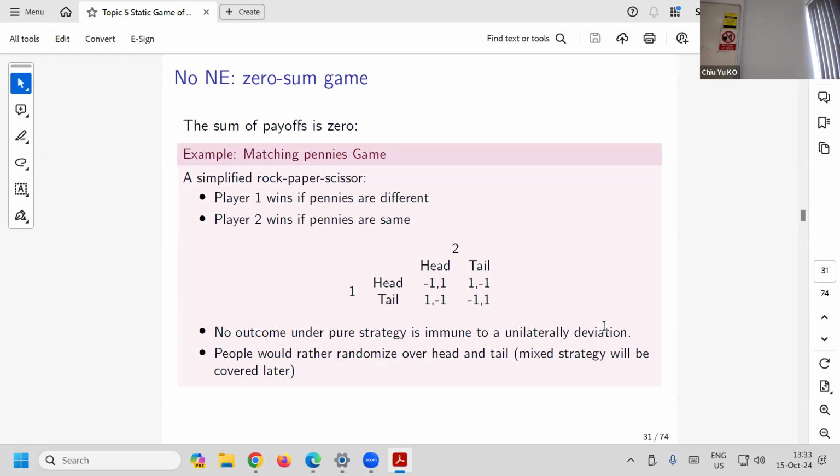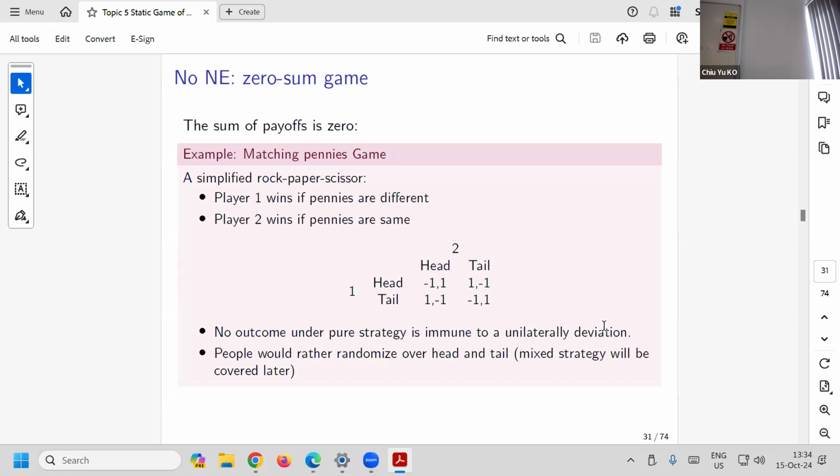For the outcomes, the loser wants to change. Suppose player 1 is losing, which is when they're different. They want to make it the same. When the same, player 2 wants to make it different. So no one actually has that.